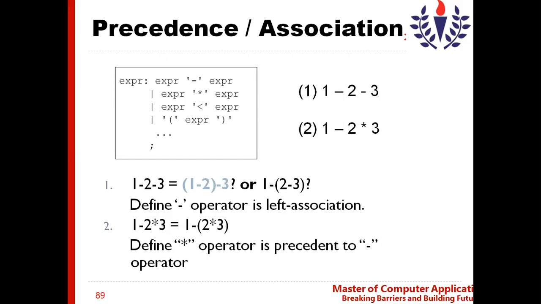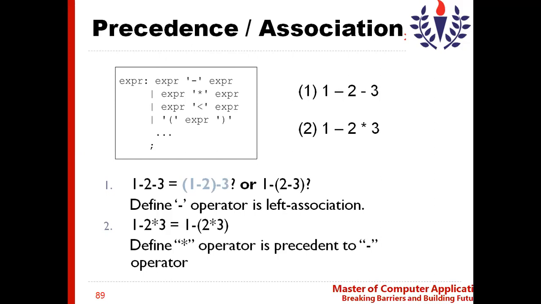If you follow the associativity rule, we always go with left associativity. So we start with 1 minus 2, then minus 3. The second situation is the expression 1 minus 2 into 3.